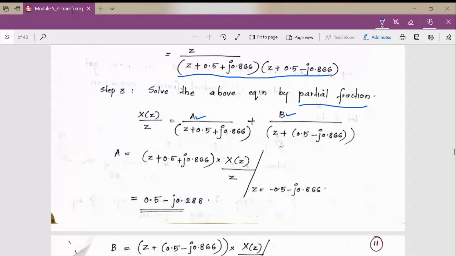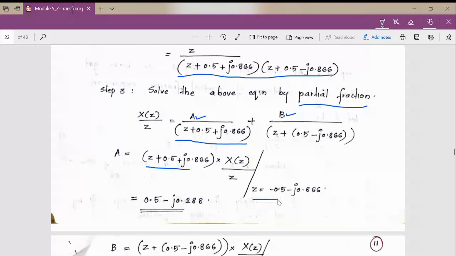We already discussed how to solve the equation by partial fractions. We obtain A as the product of the factor corresponding to A with X of Z by Z, evaluated at the value of Z obtained when we equate that factor to 0.